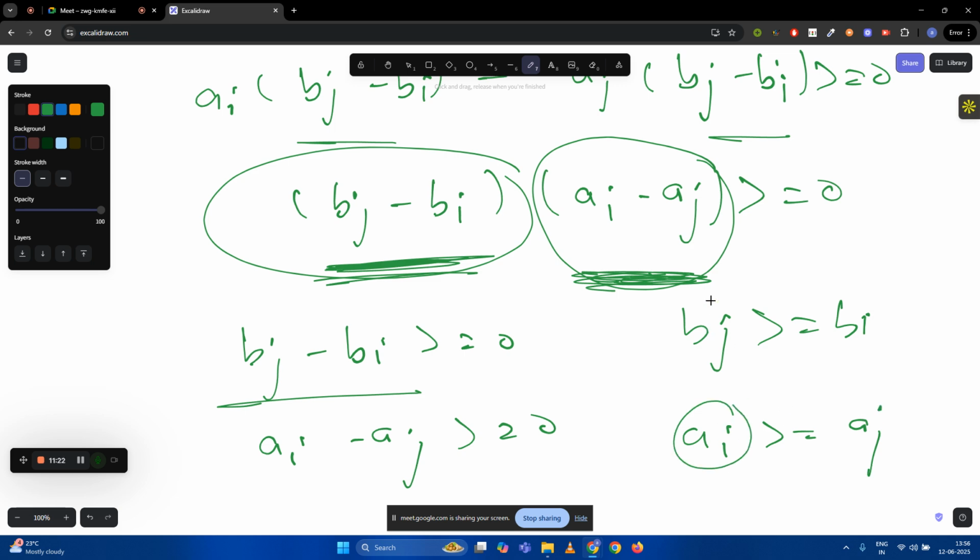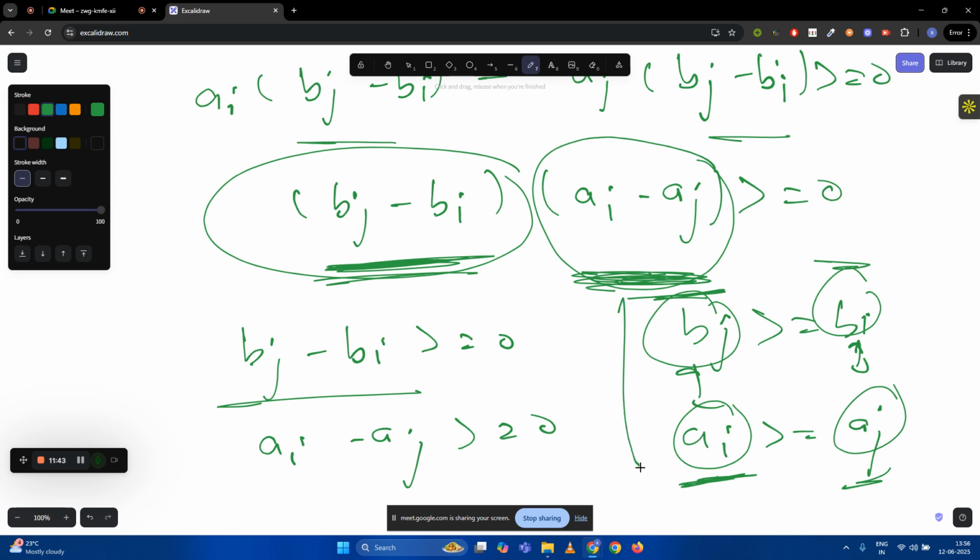You paired Ai with Bj, and you paired Bi with Aj. It means Bj is a larger number, similarly Ai is a larger number. So you are putting a larger number with a larger number, and a smaller number with a smaller number. From here you can see that putting a larger number with a larger number gives you a bigger value.